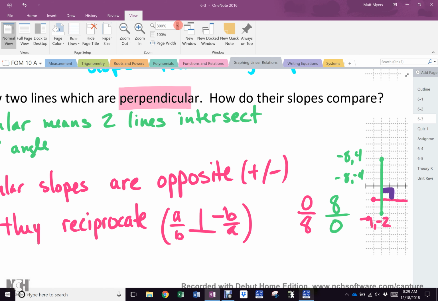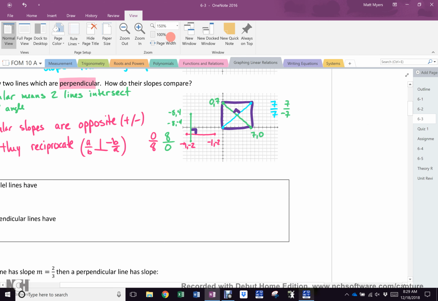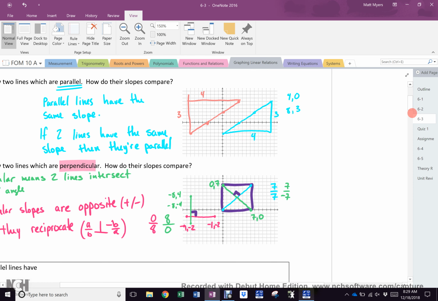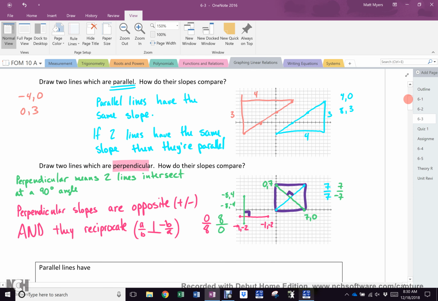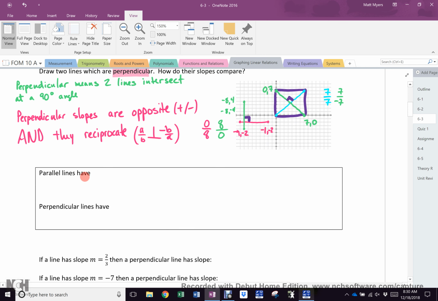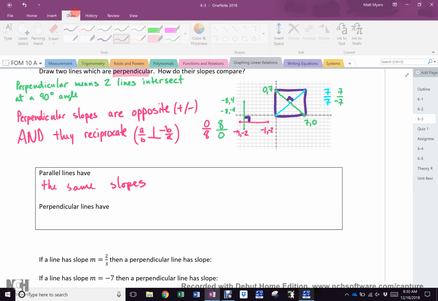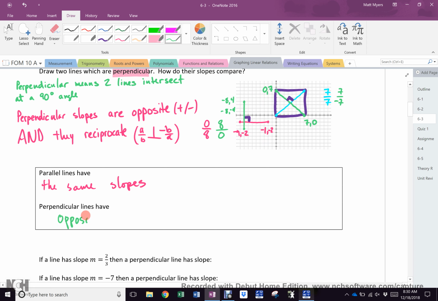Is everybody good? And we just proved it in two different ways, right? So, what does it tell us? Parallel lines have the same slopes. Perpendicular lines have opposite reciprocal slopes.